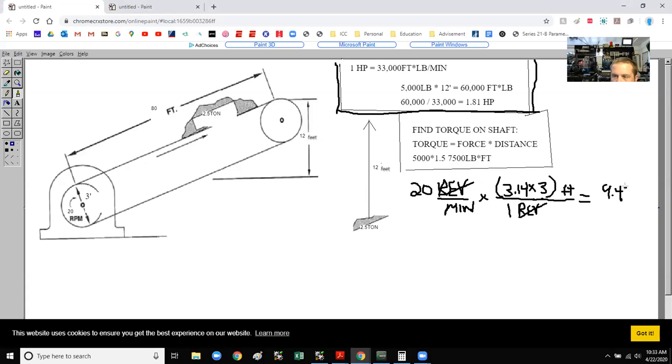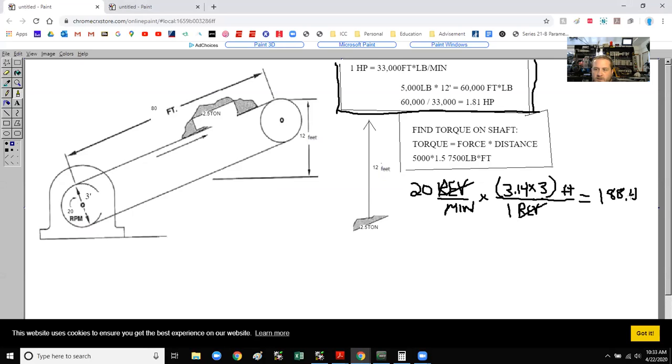Wait, isn't 9.42 just 3 times 3.14? Don't we have to multiply by 20 as well? Yeah, so times 20. 9.42 times 20 is 188.4. Yes.